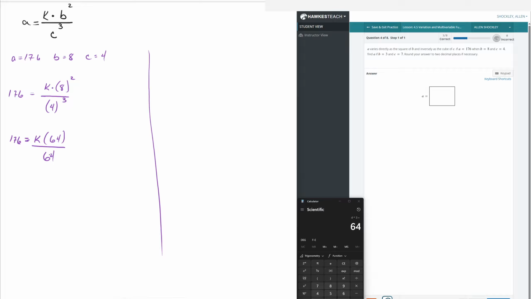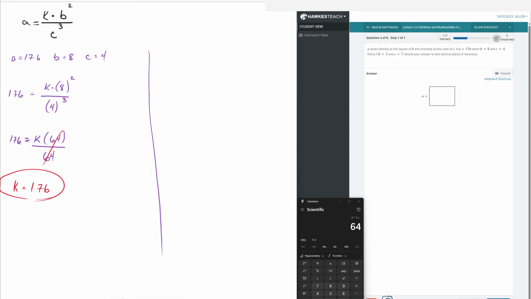Well, 64 divided by 64, that is gone. So K equals 176. While I'm circling this K, it's just a reminder of what K is. It doesn't actually give me an answer. I don't necessarily care about the letter K. I just need to use it the second time through.